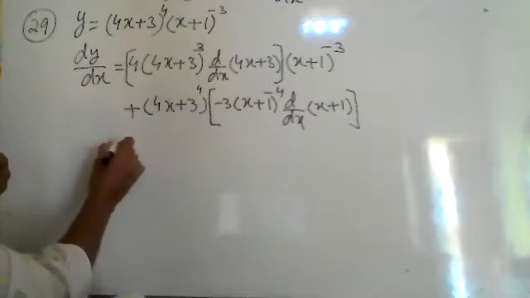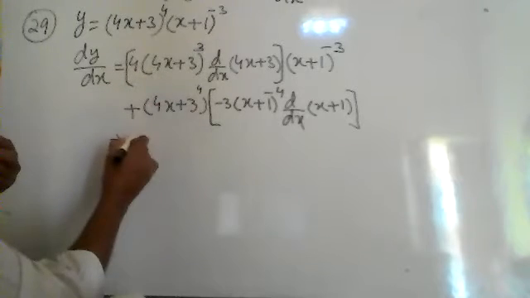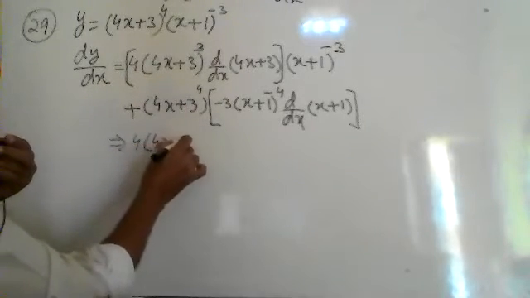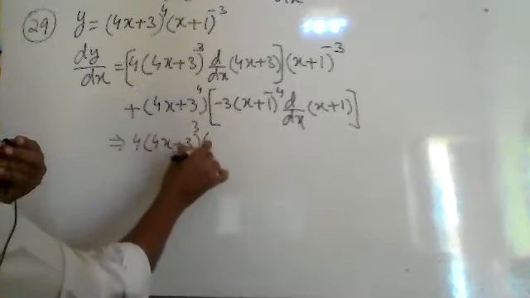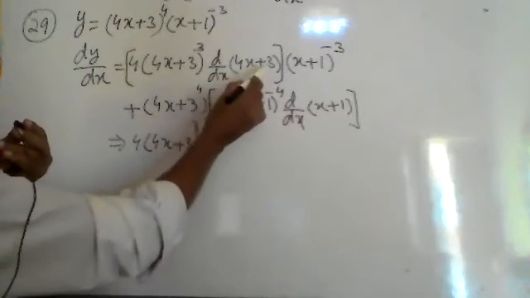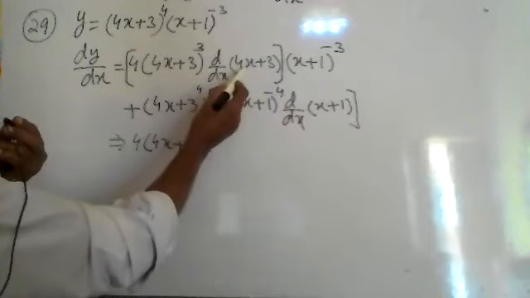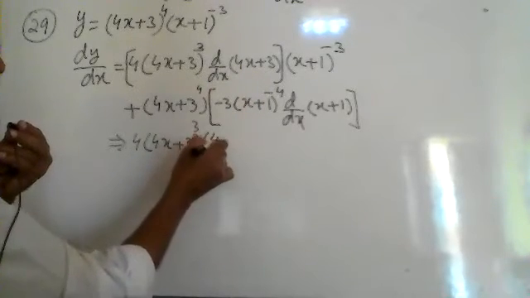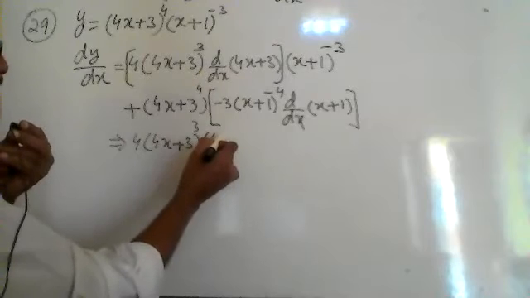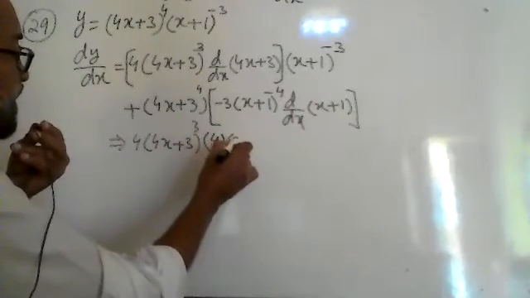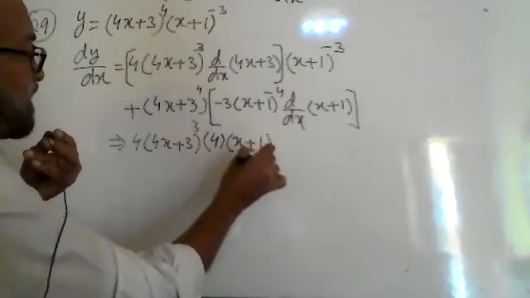So it will become 4 into 4x plus 3 raised to power 3 into the derivative of 4x plus 3 will be 4 because the derivative of 3 will be 0. The derivative of x will be 1. So 4 into 1 will be 4 and the derivative of 3 will be 0. So only 4 into this one, x plus 1 raised to power minus 3.